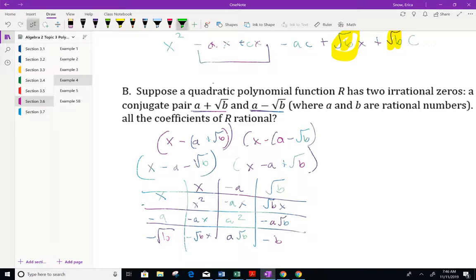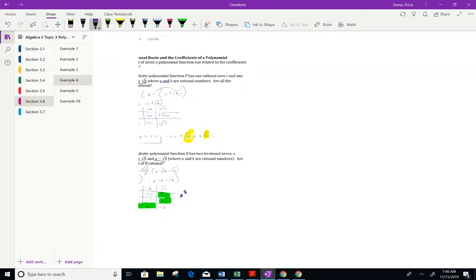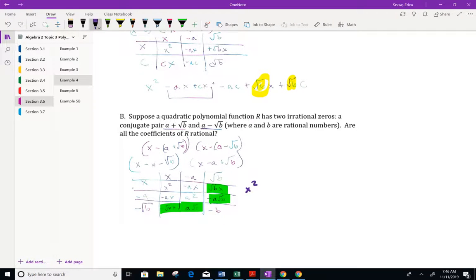And then what you'll notice is we have a negative a root b and a positive a root b, so those cancel, and a negative square root b x and a positive square root b x, and those cancel. And so then we end up with x squared minus 2ax plus a squared minus b.